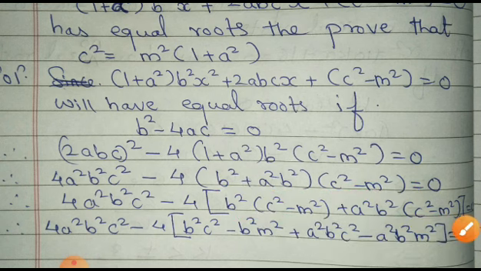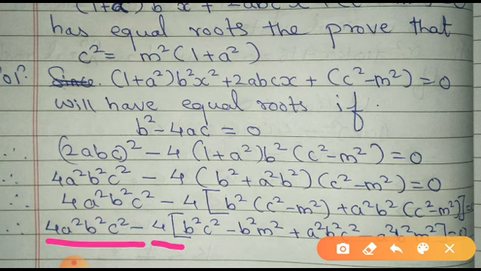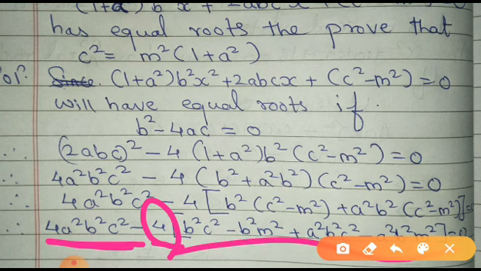So you will get 4a²b²c² − 4 into (b²c² − b²m² + a²b²c² − a²b²m²) equal to 0. Now this 4 is common to the whole bracket, and this 4 is common to a²b²c², so I can take that 4 outside.